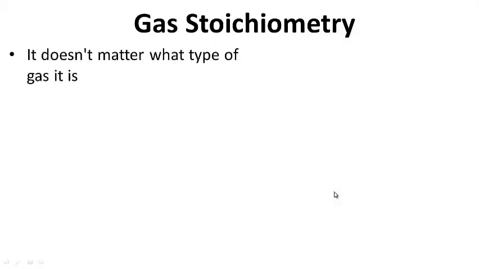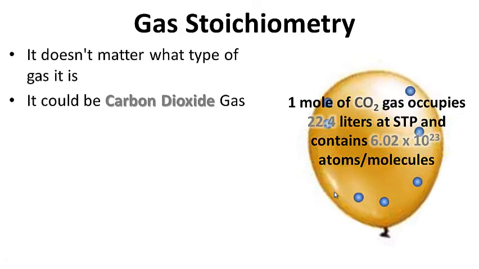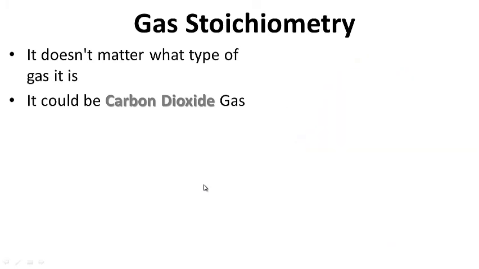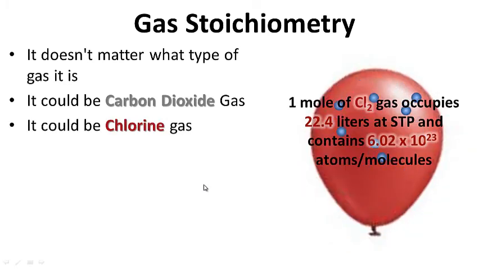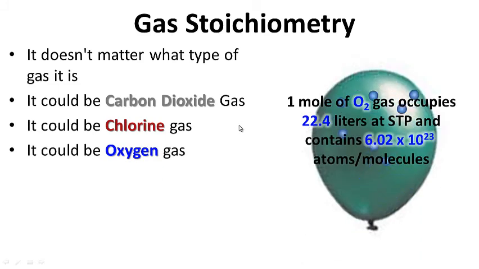So it doesn't matter what type of gas it is. It could be carbon dioxide. 1 mole of carbon dioxide gas occupies 22.4 liters at STP and contains 6.02 times 10 to the 23rd atoms or molecules. It could be chlorine gas, same thing. Or it could be oxygen gas.